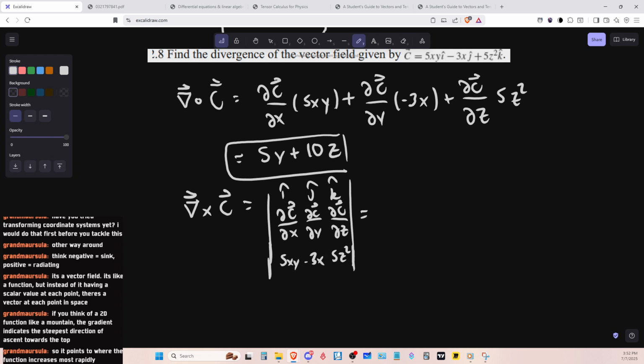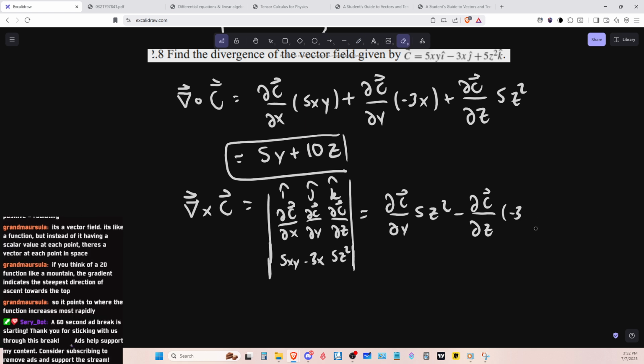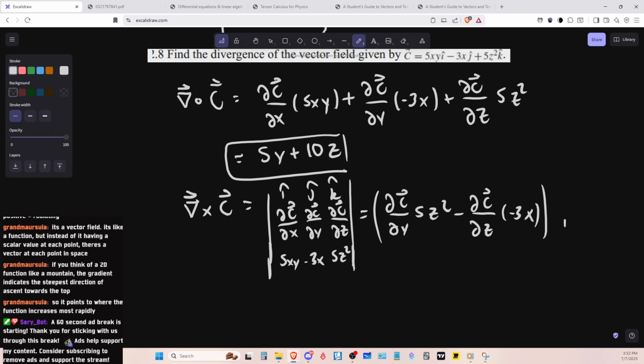Okay, the fun part. Putting them all together. Okay, so first off is curl, then I think that's x. Yeah, that's x. That's i, and plus.